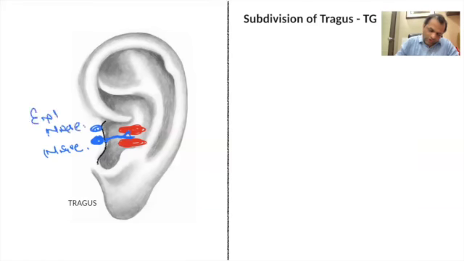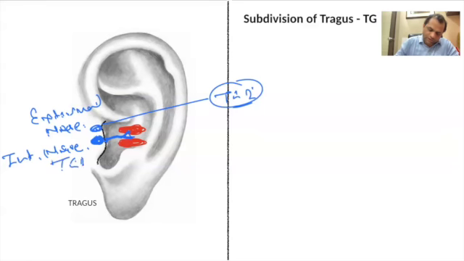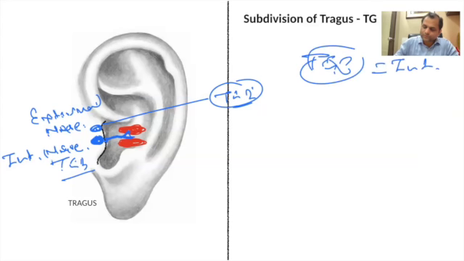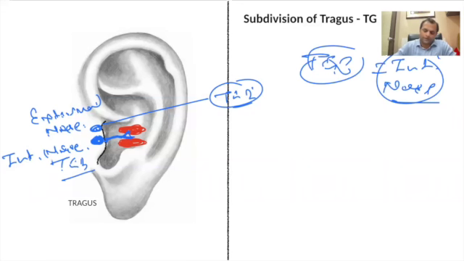The upper is called the external nose, and this is called the internal nose. So tragus 2 is the external nose, and tragus 3 is the internal nose. When we are breathing, first it passes tragus 2, then tragus 3, then the breath goes inside.